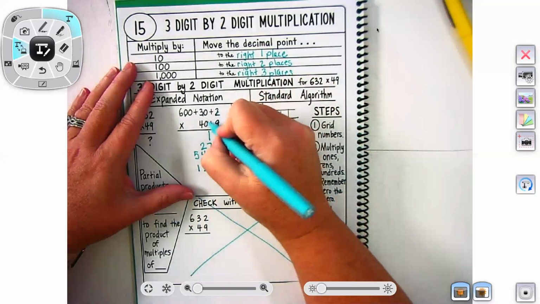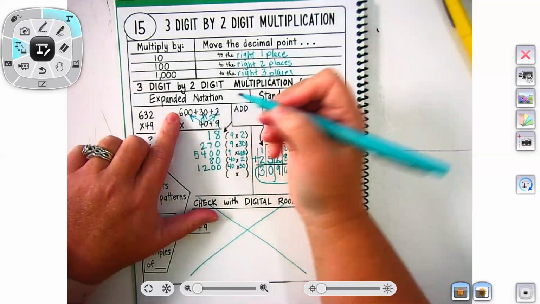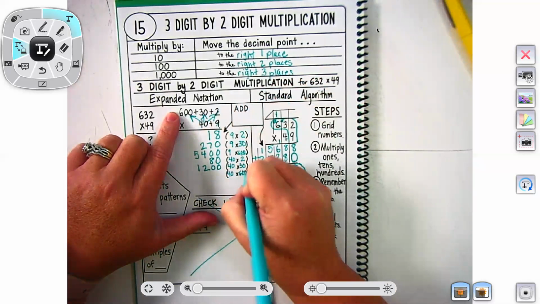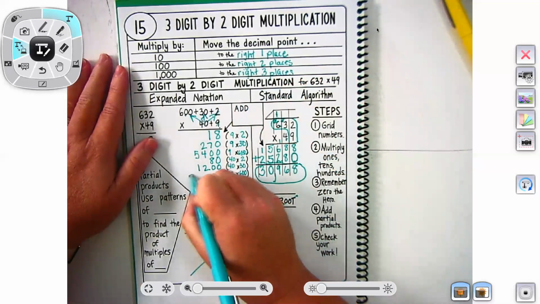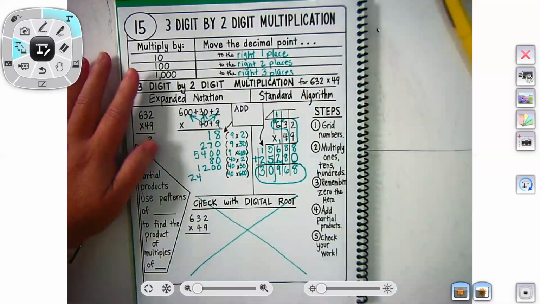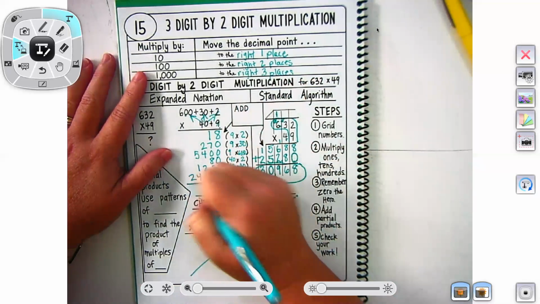So I've taken 40 times 2, now I'm taking 40 times 30, now I have to take 40 times 600. Okay, so 40 times 600, 4 times 6 is 24, okay? Then I'm going to add the 3 zeros, all right?